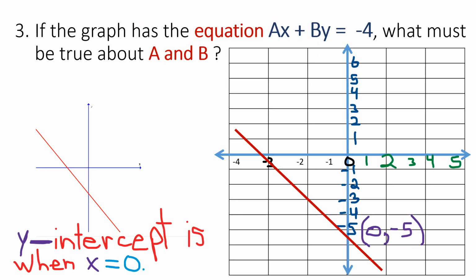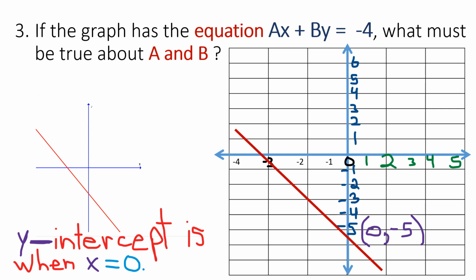For the next situation, this is when these questions start getting hard. If the graph has the equation ax plus by equals negative 4, what must be true about a and b? The y-intercept is when x equals 0.